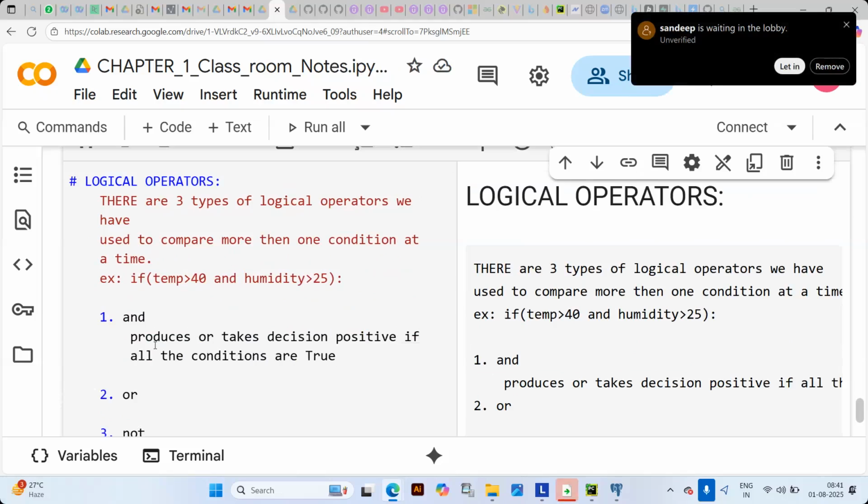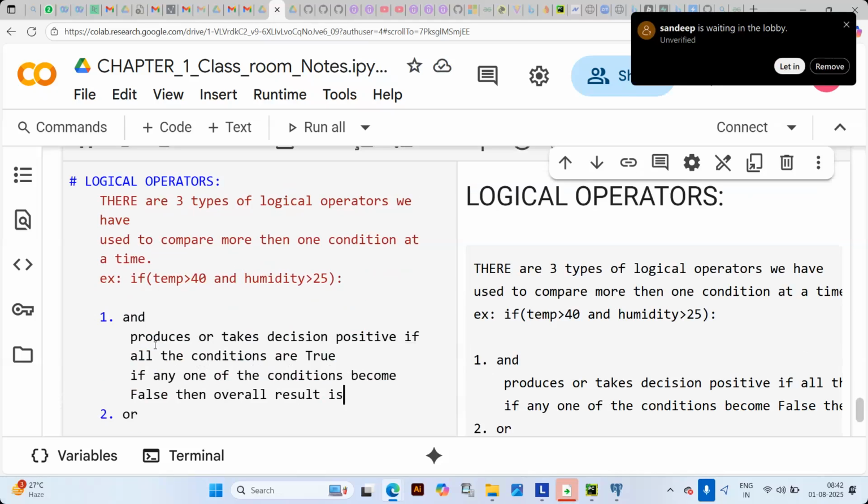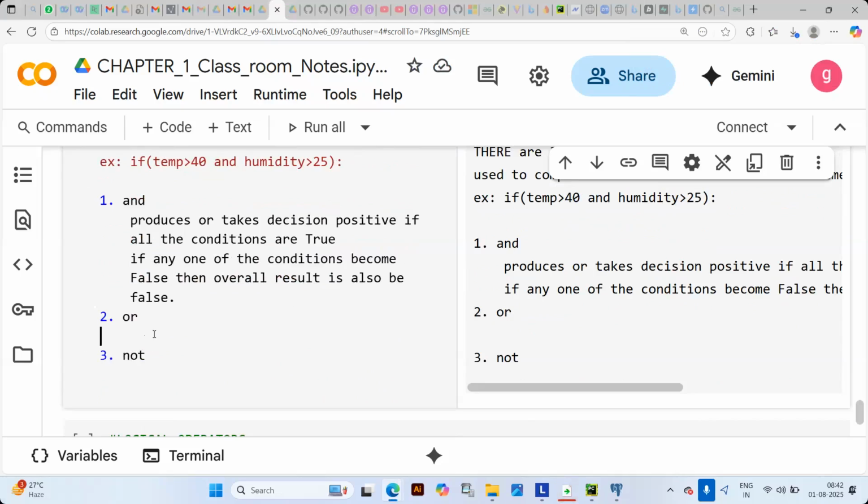If any one of the conditions becomes false, then the overall result is also false. Clear?